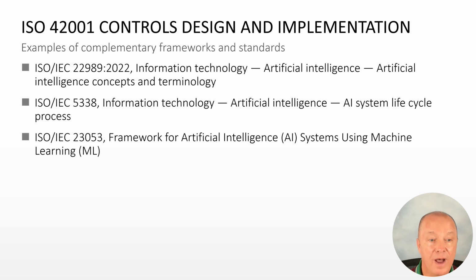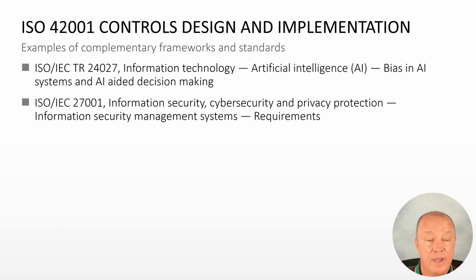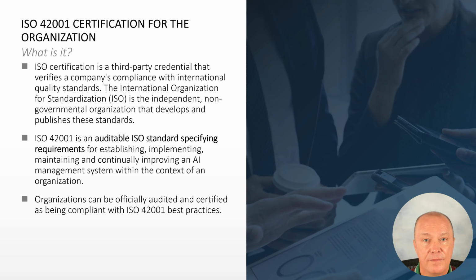We also have ISO 23053, which is our framework for artificial intelligence systems using machine learning. ISO Technical Reference 24027 provides us with further detail on how to control bias in AI systems and in AI-aided decision making. And of course, I've already mentioned ISO 27001 with its information security, cybersecurity, and privacy protection.